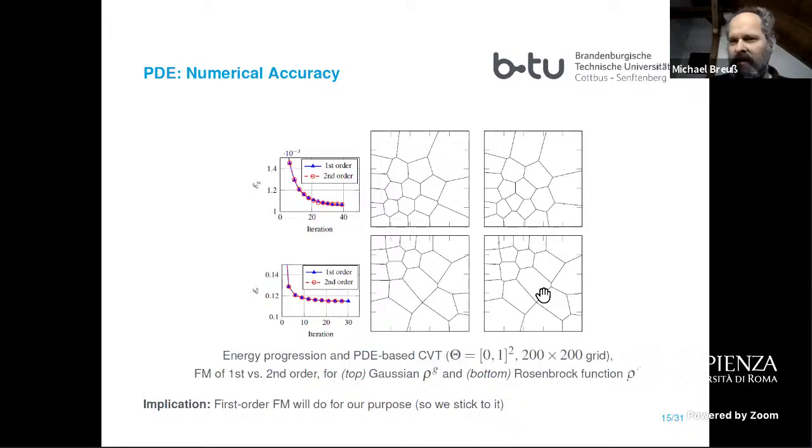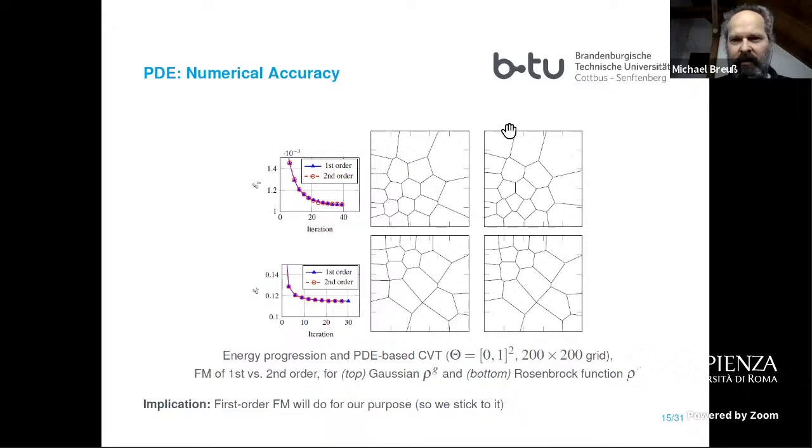So the first thing is when we look at the PDE-based story alone, the numerical accuracy. What we did here is fast marching of first order and second order, just standard methods, as you can take from the book of Sethian, for example. On top is the Rosenbrock function, where you have a certain higher density here.